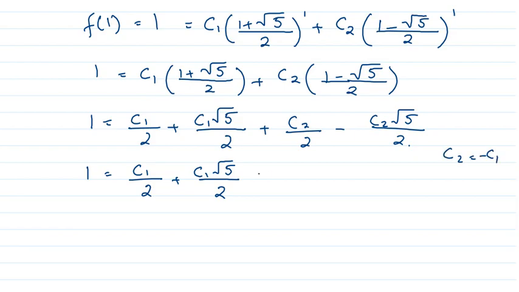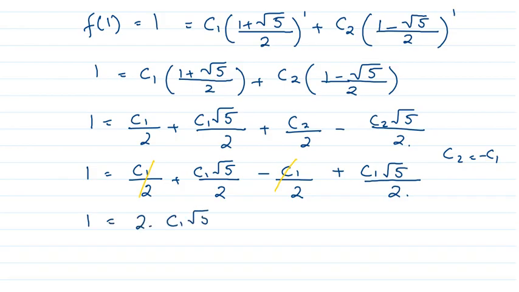So this is going to be minus C1 by 2, and minus minus will be plus, so this will be C1 under root 5 by 2, right? Now these two terms are going to cancel each other, and what we are left with is 2 times C1 under root 5 by 2, that is adding these two terms, right?